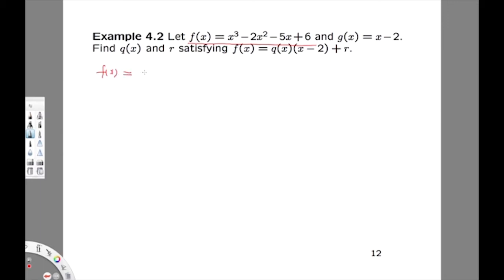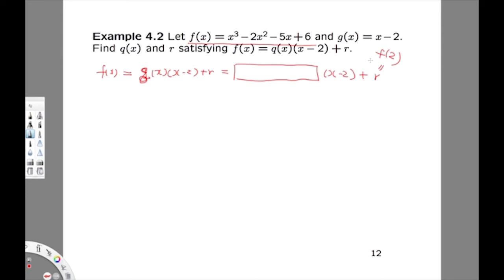So we want to write it as q of x times x minus 2 plus r. Okay, we want to consider this type of thing, and this r was known to be equal to f of 2.